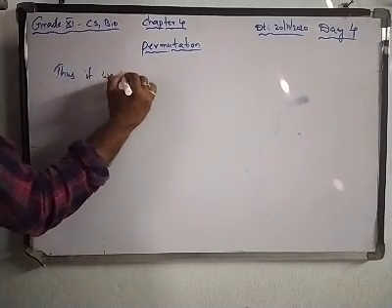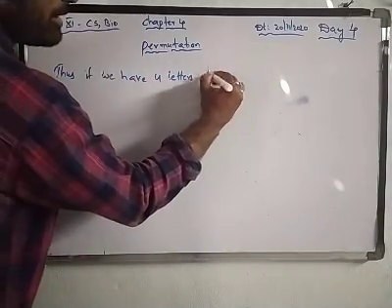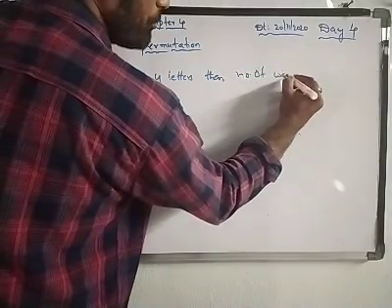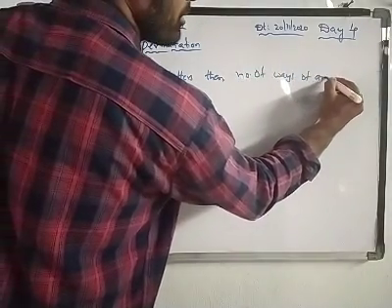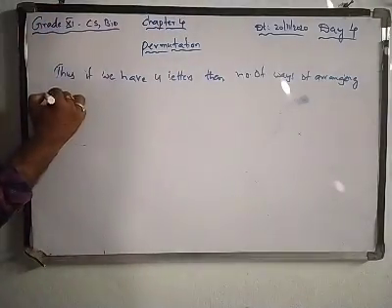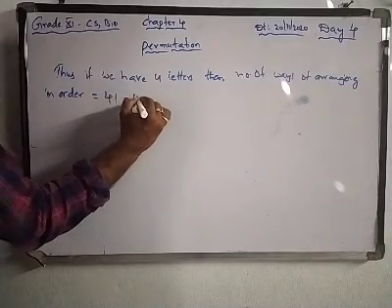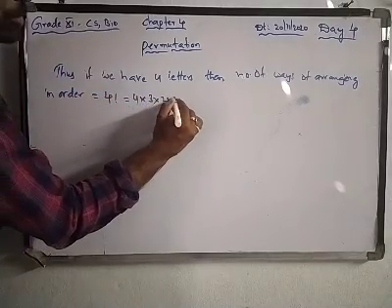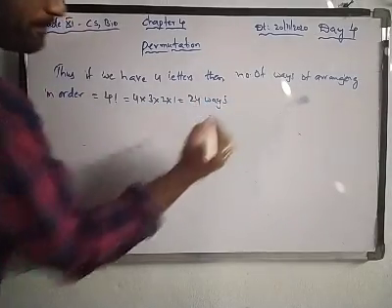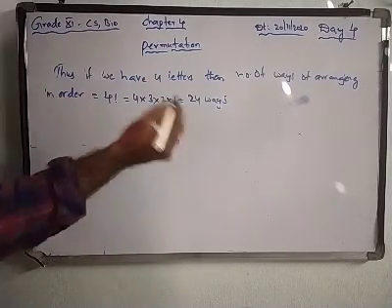If we have 4 letters, then the number of ways of arranging in order will be 4 factorial ways, that is 4 into 3 into 2 into 1, 24 ways we can arrange. This is one case.